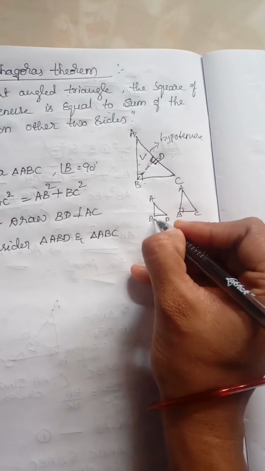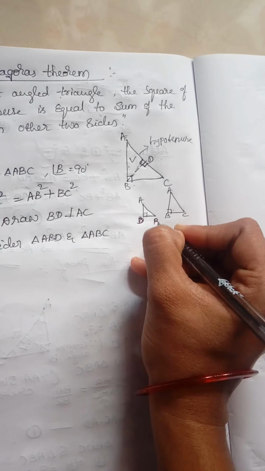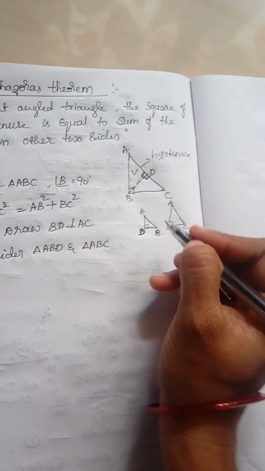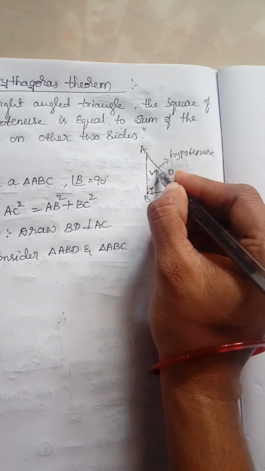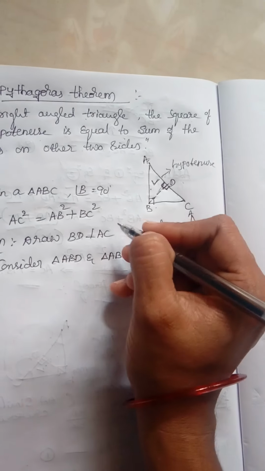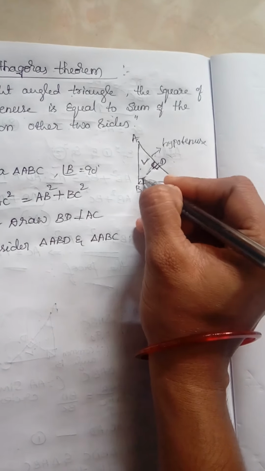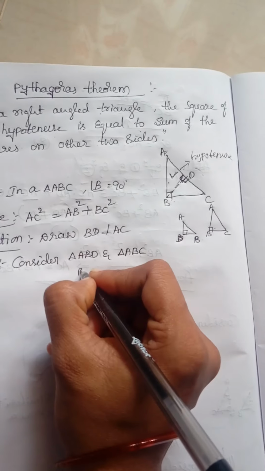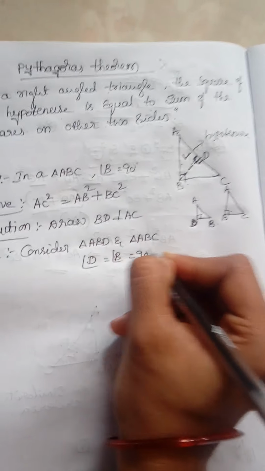Angle B is 90 degrees in triangle ABC. In triangle ADB, angle D is 90 degrees. Therefore, angle D is equal to angle B, which is equal to 90 degrees.